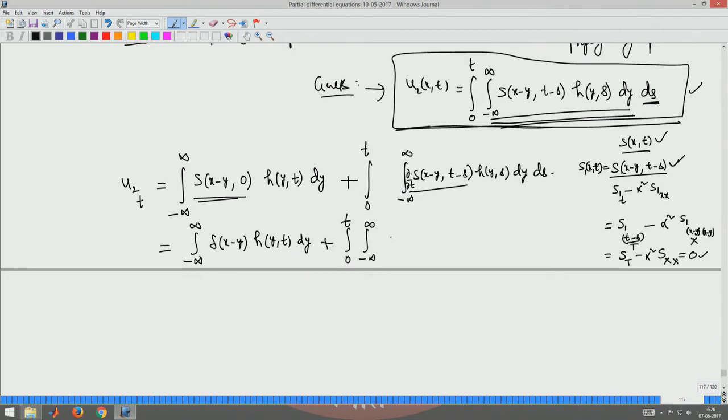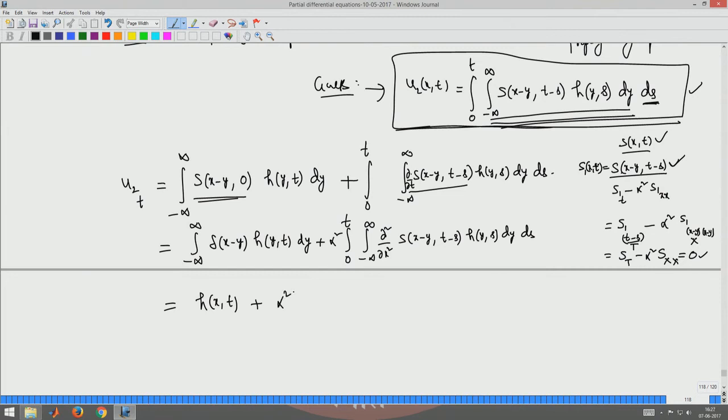Now, S_t is nothing but alpha square, that you can write as alpha square dou square by dou x square of S of x minus y, t minus s, h of y, s dy ds. So, if you operate this delta, this is nothing but h of x, t plus alpha square.